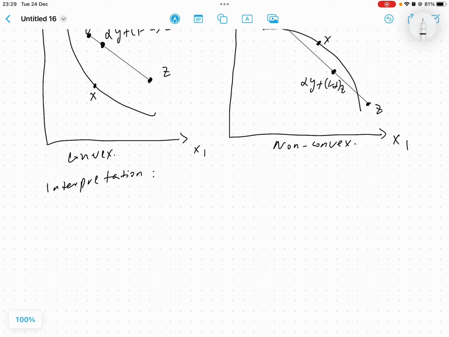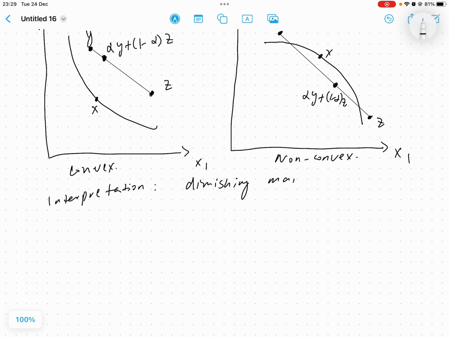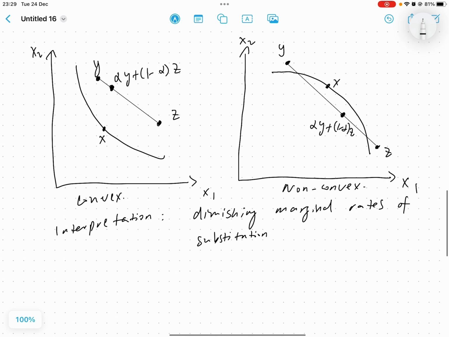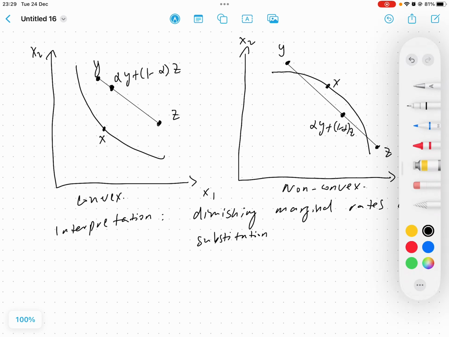Let's write this down in terms of diminishing marginal rates of substitution. We can see this directly from the picture: as we move along this indifference curve, when we decrease the amount of x2, we need to increase a larger amount of x1 to still stay on the indifference curve.